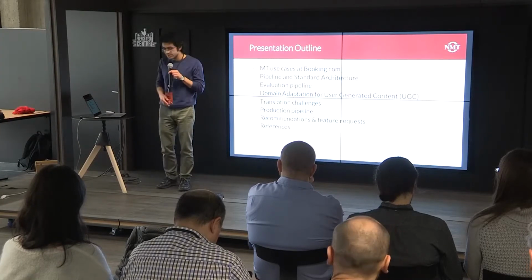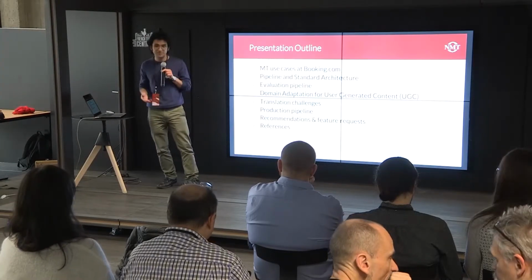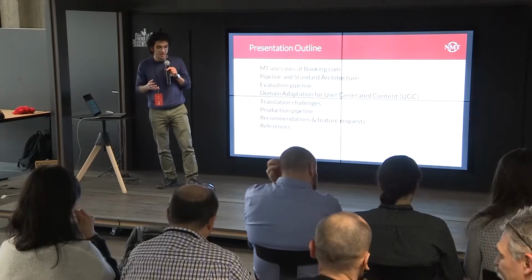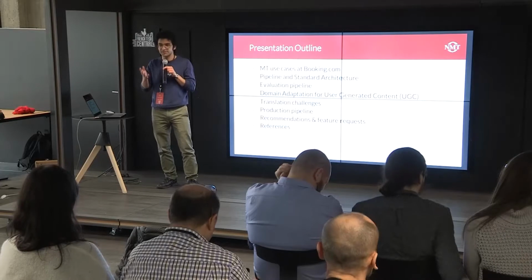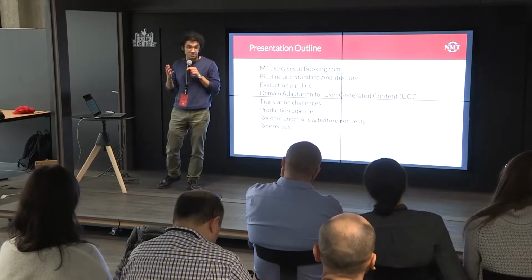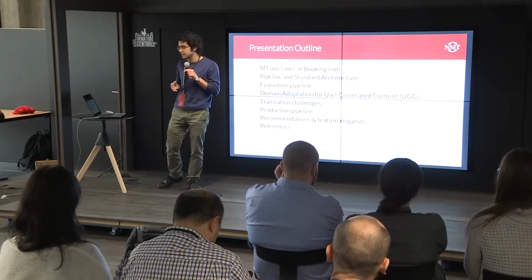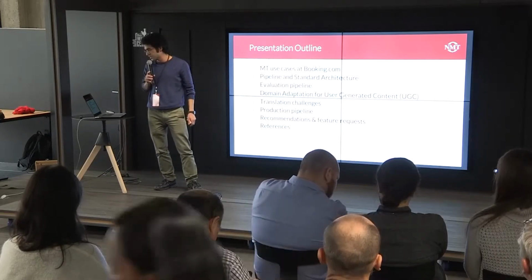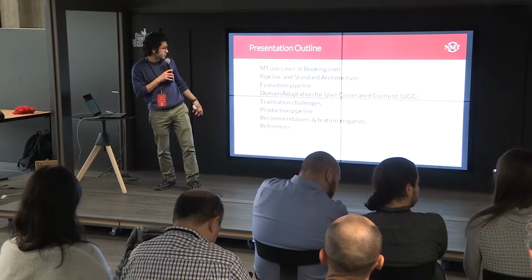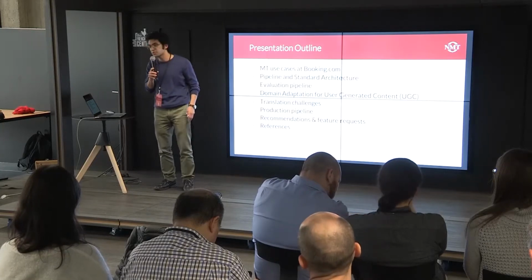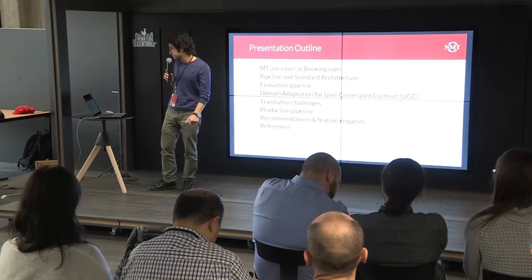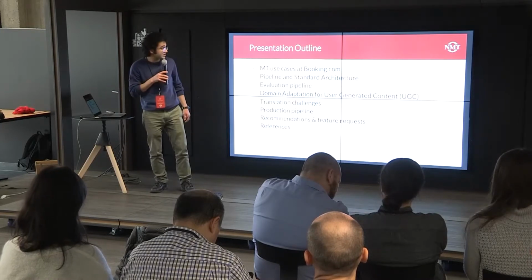Some of the challenges that we have in translation, and our approaches. Some of them are resolved or handled in some way or another, and other challenges are not. Then some information about our production pipeline, some recommendations for the community, feature requests, and finally some references.